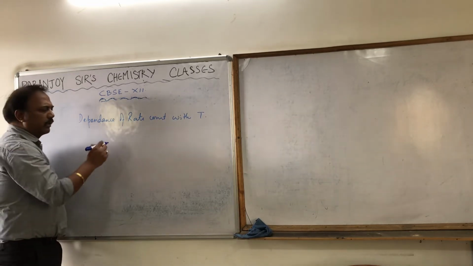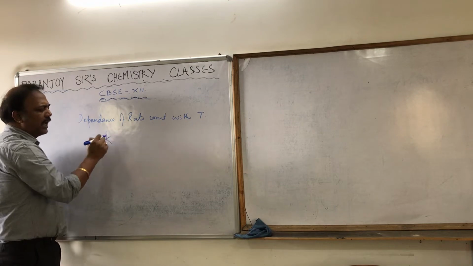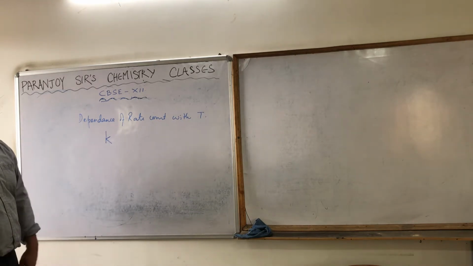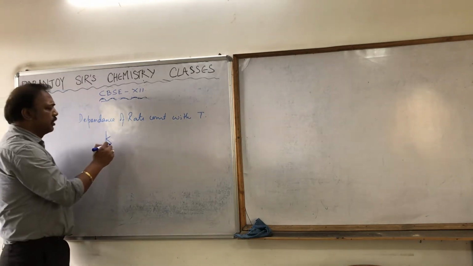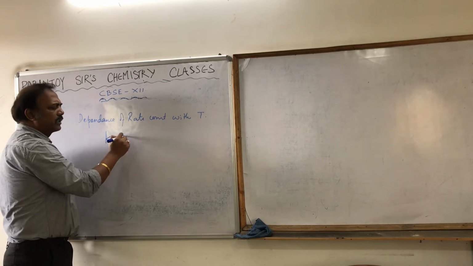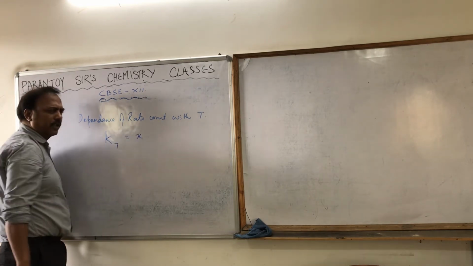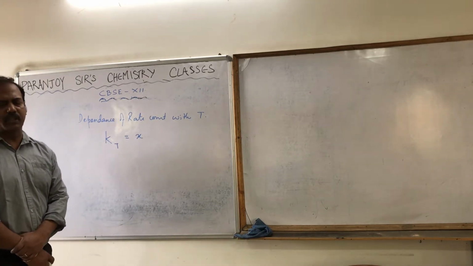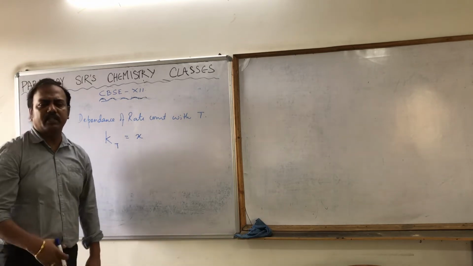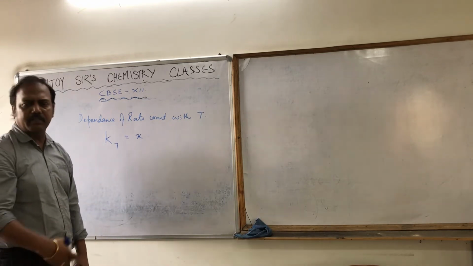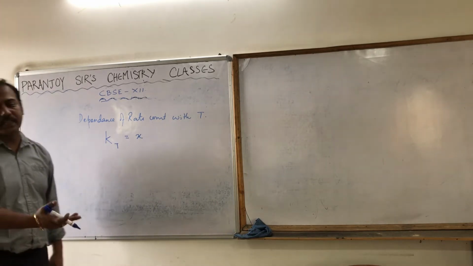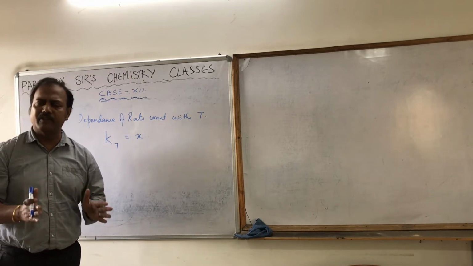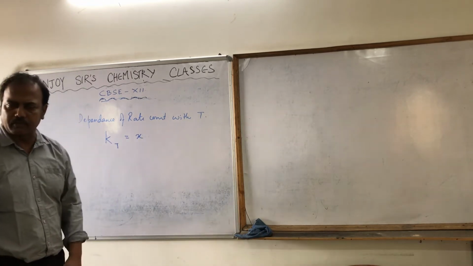For example, the rate constant of a chemical reaction at temperature T, suppose 25 degrees Celsius, is equal to X. Now if I increase the temperature by 10 degrees Celsius or 10 Kelvin, the change in degrees Celsius and change in Kelvin is the same, we had already done it in the solution chapter, so you know it.